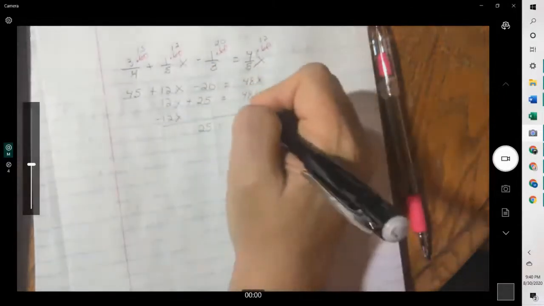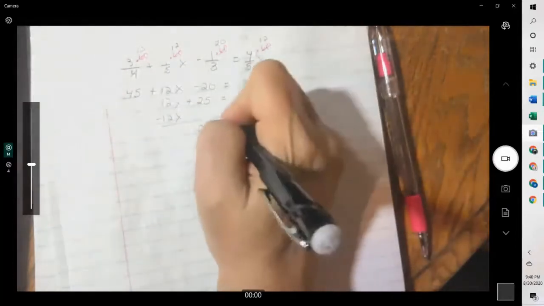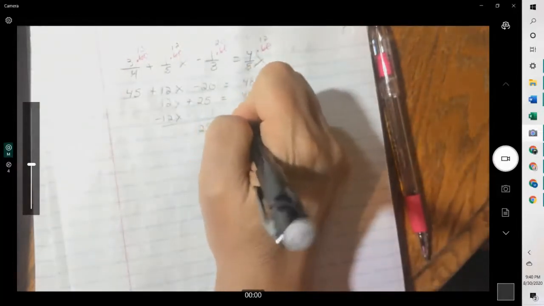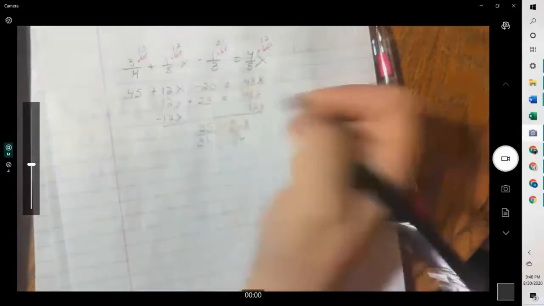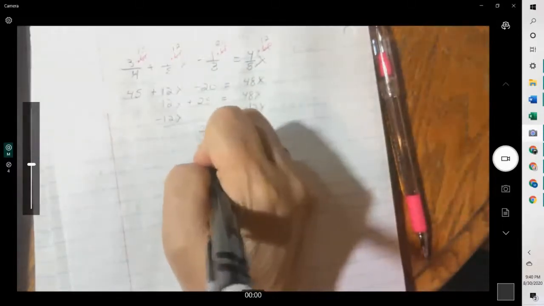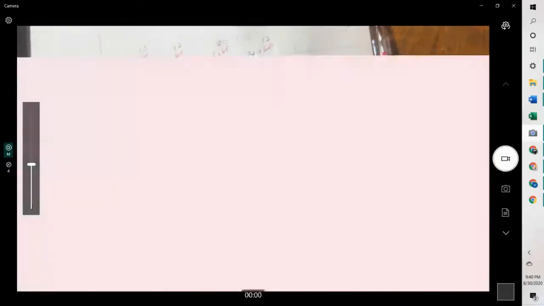So then you have 25 equals 48 minus 12, which is 36x, and divide by the 36. So x equals 25 over 36. So you could always multiply through to get rid of those fractions.